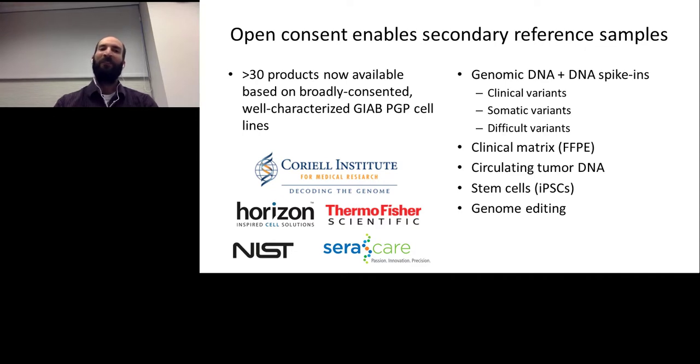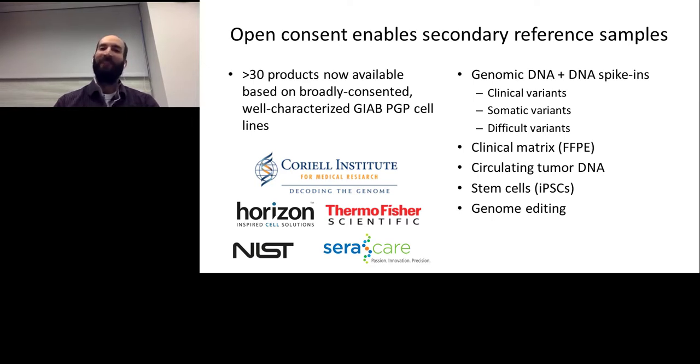So we've been really grateful to work with the Personal Genome Project in this and grateful to the individuals contributing these samples to the Personal Genome Project because they enable a lot of innovative products. And these products so far have included things like the genomic DNA from our cell lines plus synthetic DNA spike-ins.